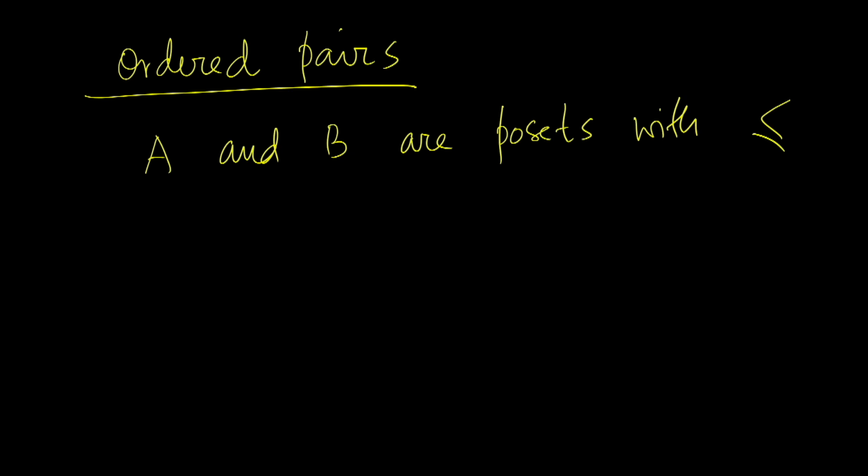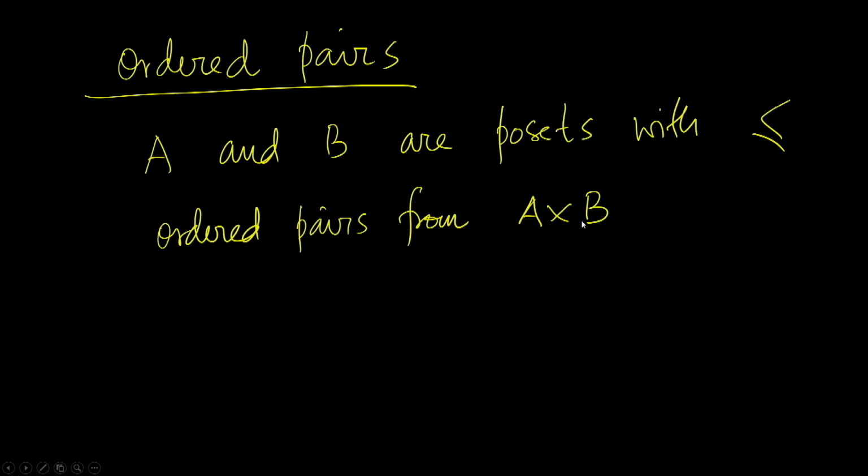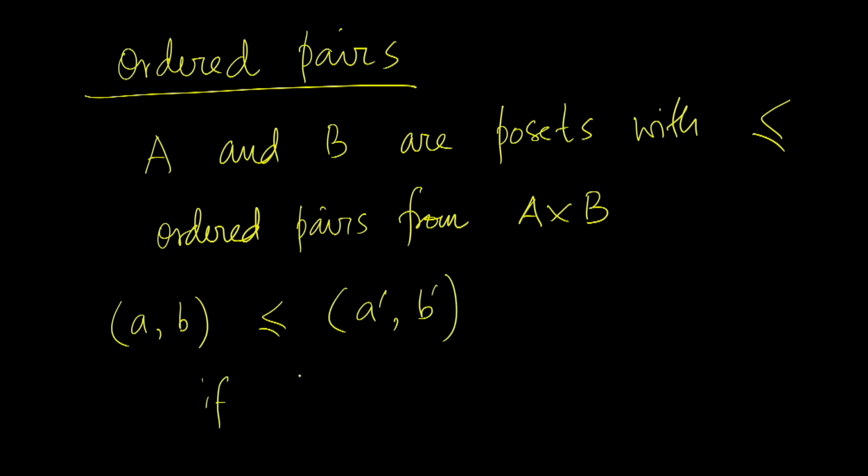So, we have two posets A and B. Let us consider ordered pairs from A cross B. So, we consider any relation between A and B. We say that ordered pair AB is less than or equal to or precedes ordered pair A prime B prime if A is less than or equal to A prime and B is less than or equal to B prime.